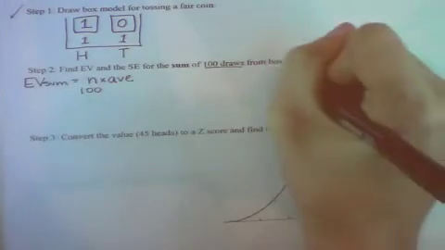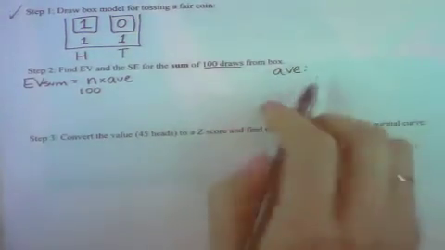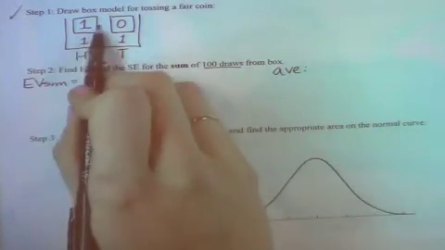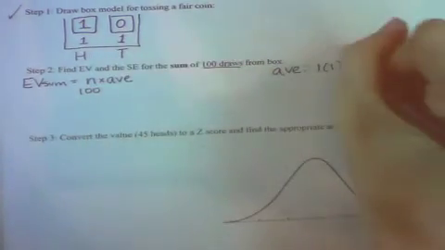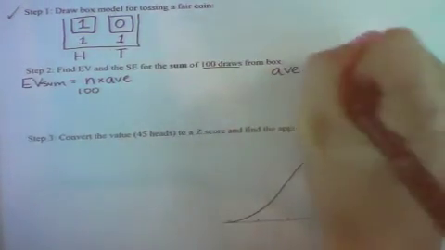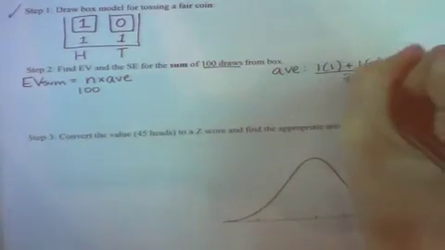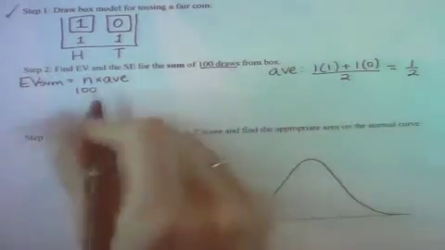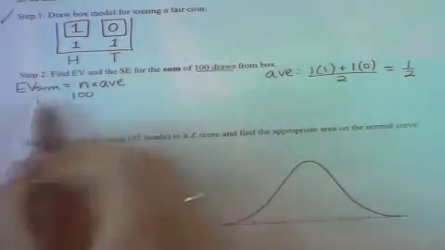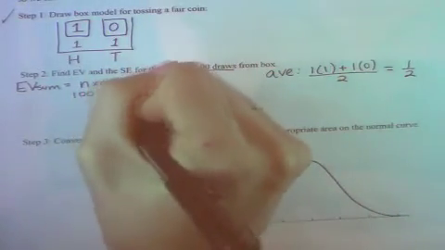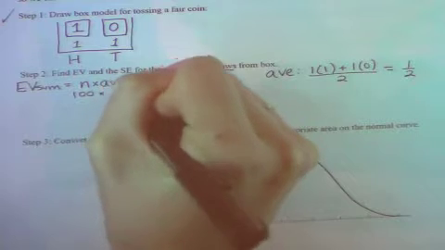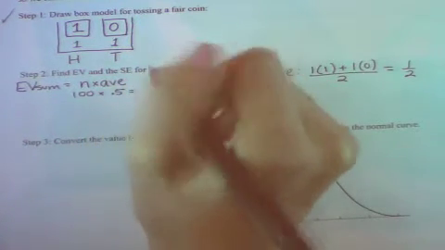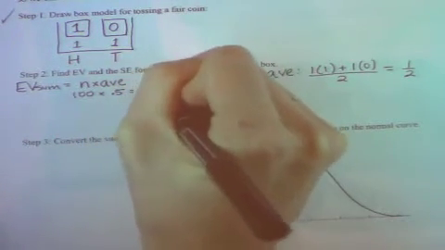The average of this box: we've got one ticket that says 1, and one ticket that says 0, over how many tickets total? 2. So that gets us an average of 1/2. So our expected value of the sum is going to be 100 times 0.5. And that gets us an expected value of 50.